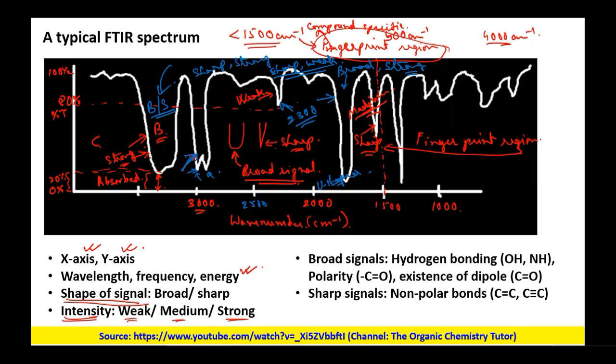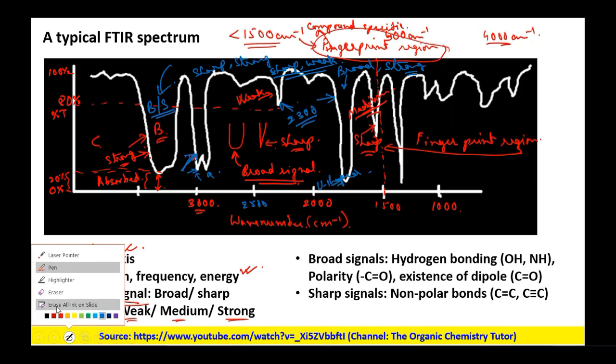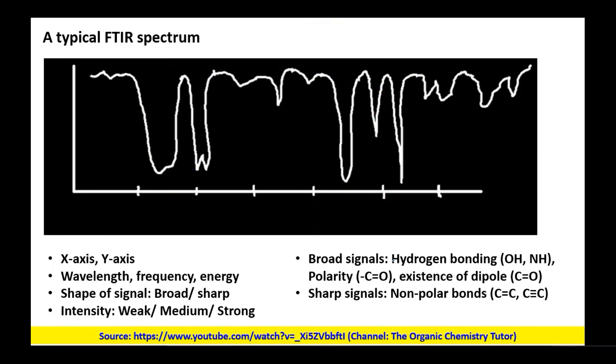Now the next thing is why we obtain these peaks. Some of the peaks are broad signals, and some of the peaks are sharp signals. So why does this happen? This is because broad signals are mainly exhibited by the polar groups.